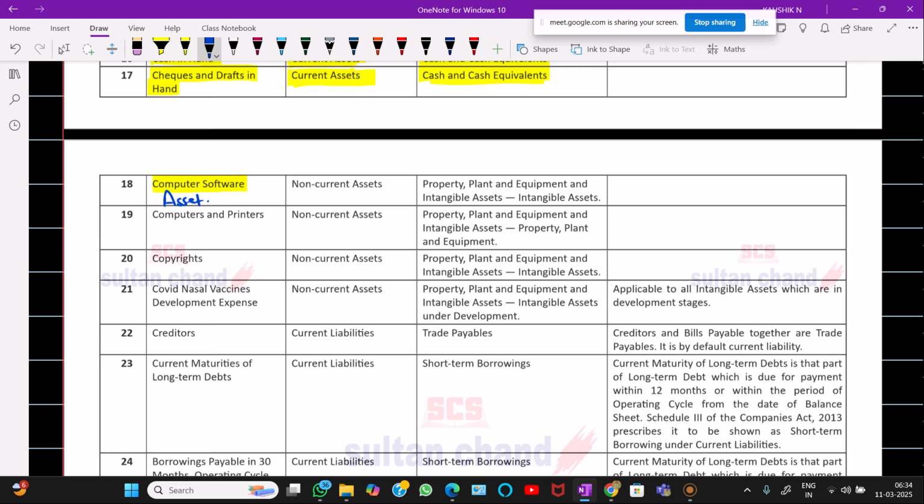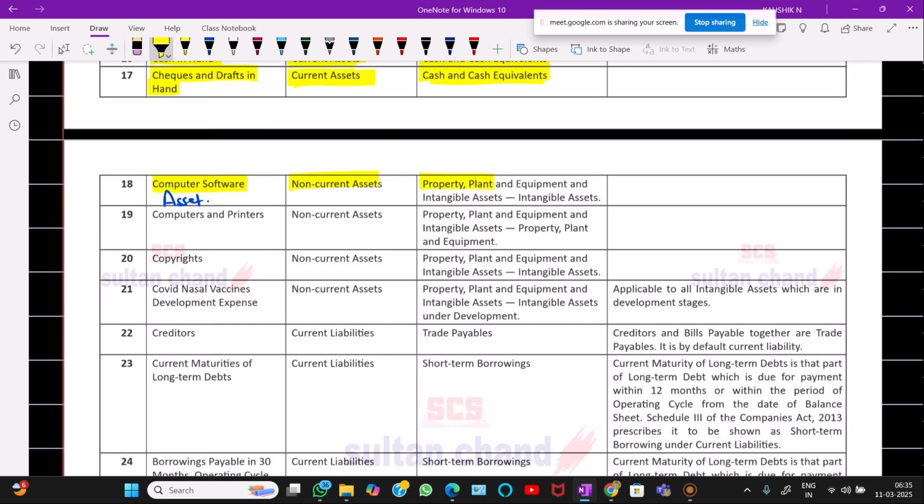It's a classic example to understand. Computer software just gives directions or commands and gives you some output, but you can only feel that output. You cannot touch it, you cannot see it. So now tell me, it is a non-current asset. Under what category can it fit? Property, plant and equipment, and intangible asset. Under that it comes as an intangible asset. Hope it is clear to you.